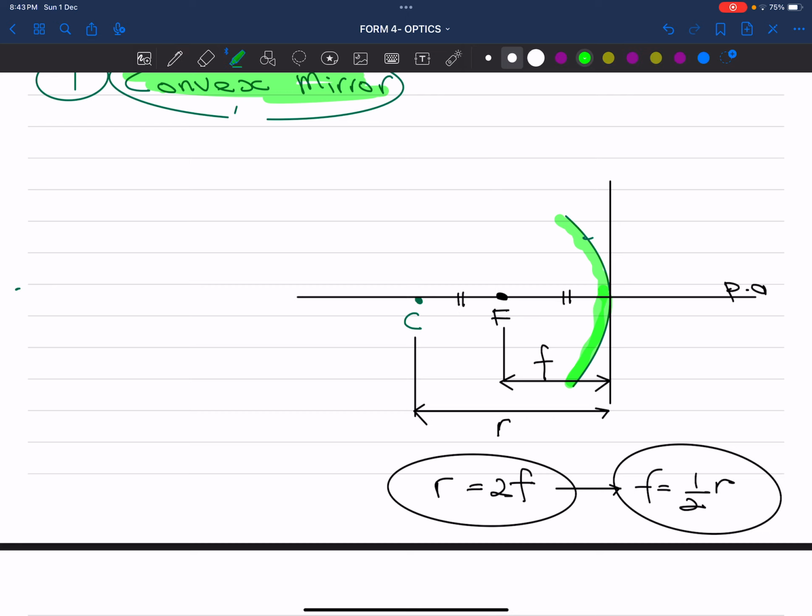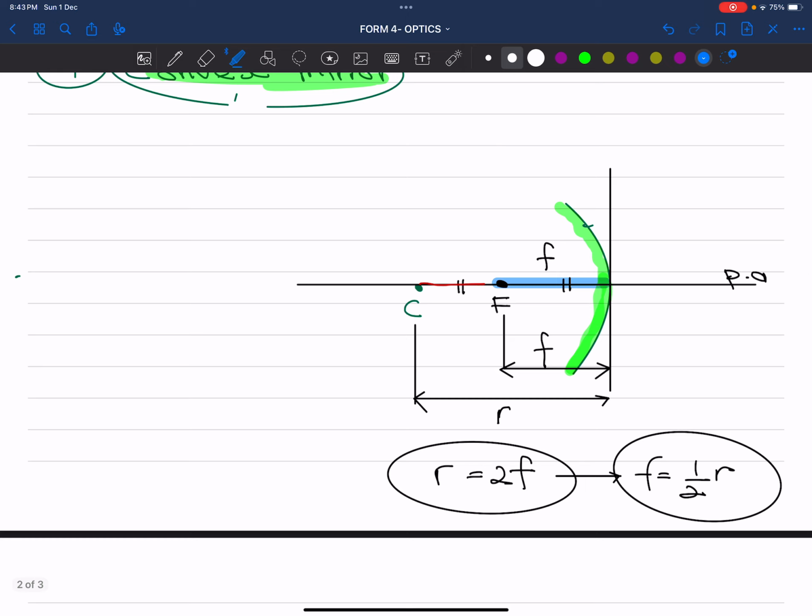So if this is F, I can label this also as F.